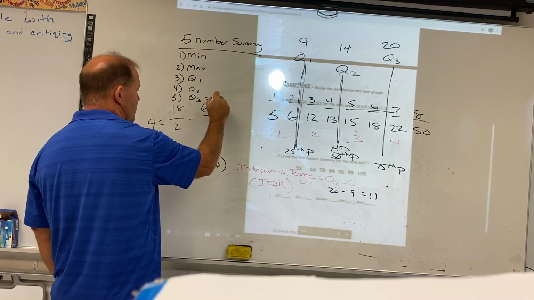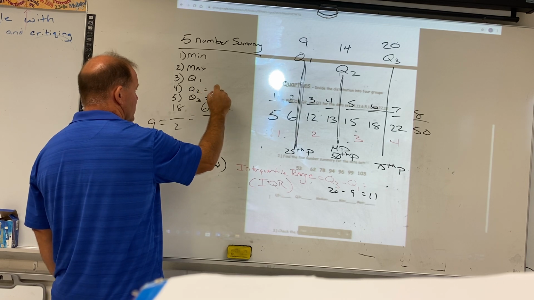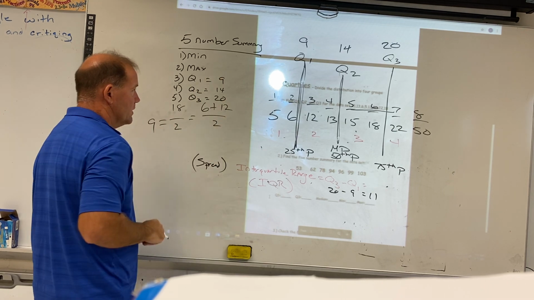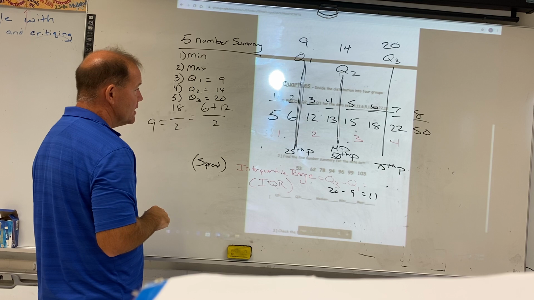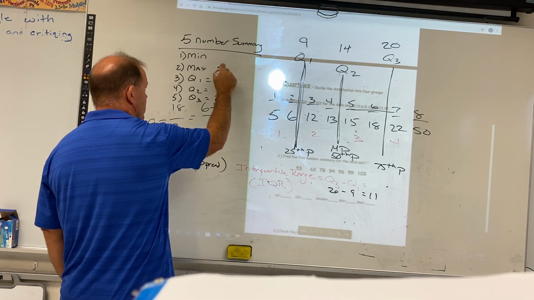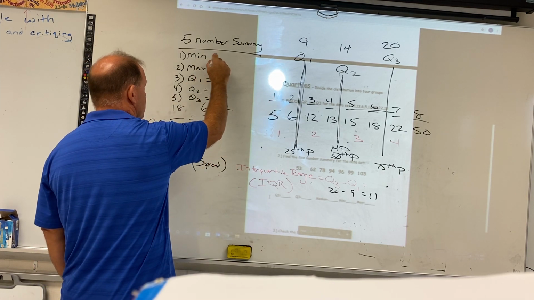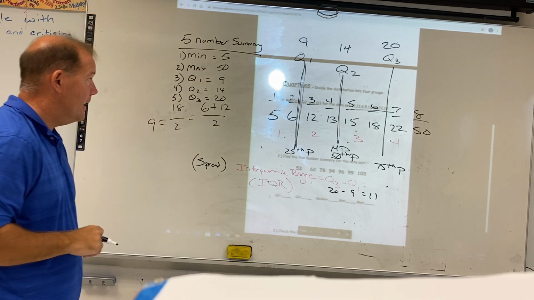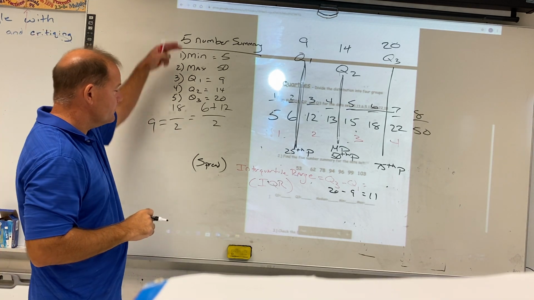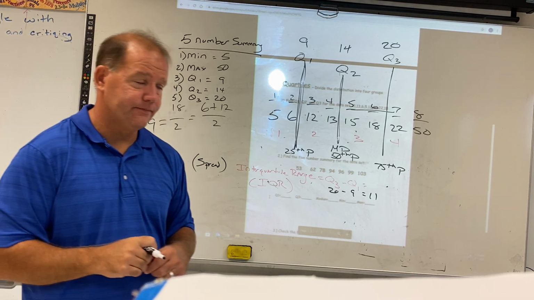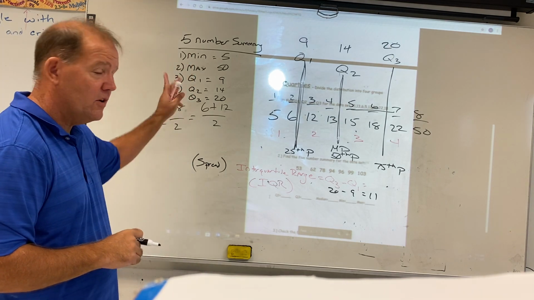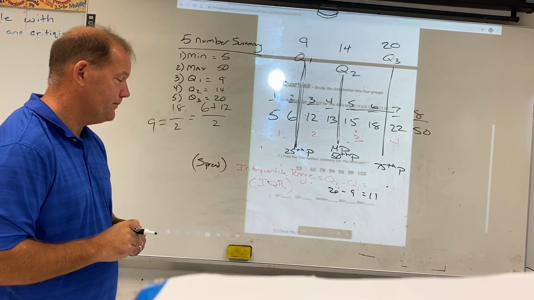We know Q3 was 20, Q2 was 14, Q1 was 9. The maximum score is 50. The minimum score was 5. It just gives you a summary of your data, which later on we'll talk about how we make a box plot out of.